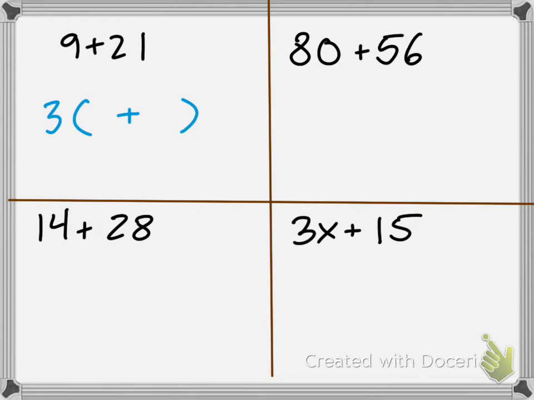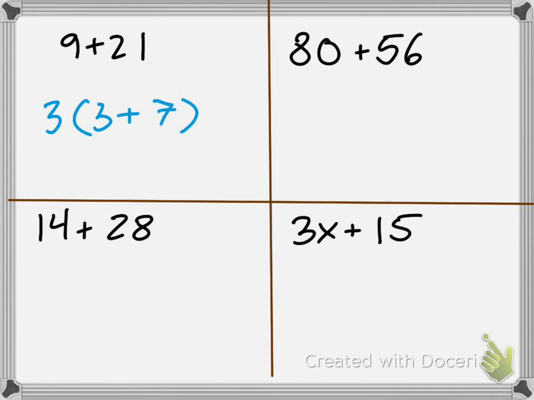Marjorie, what is 9 divided by 3? Never mind. Hannah, what is 9 divided by 3? 3. Perfect. And then I also see, Marjorie, what is 21 divided by 3? 7.